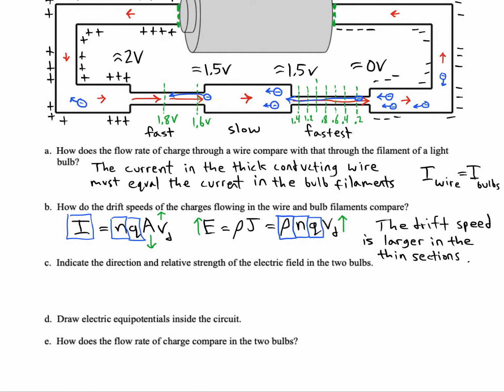Alright, how does the flow rate of charge compare in the two bulbs? The I of the thick bulb has to equal the I of the thin bulb.